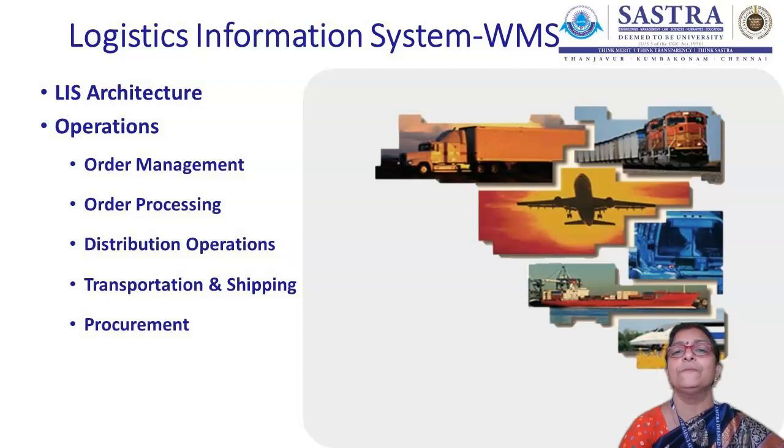So far we have seen the components of logistics information architecture, that is the infrastructure. We also reviewed the individual roles and the importance of integration of various components at the planning level and the operation level, and the basic characteristics of the logistics information system.